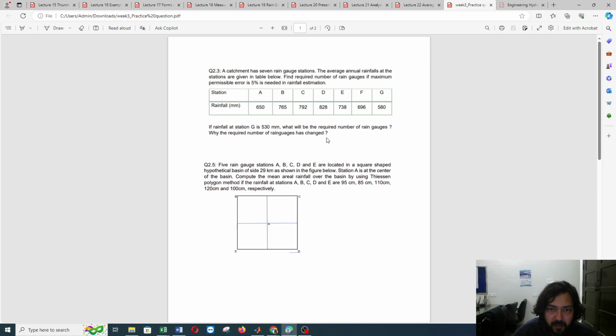The only thing we need to do here is calculate the CV, that is the coefficient of variation. First we are going to take the mean of this data set, then we are going to calculate the standard deviation, and after that we are going to calculate the CV for the first case, right?